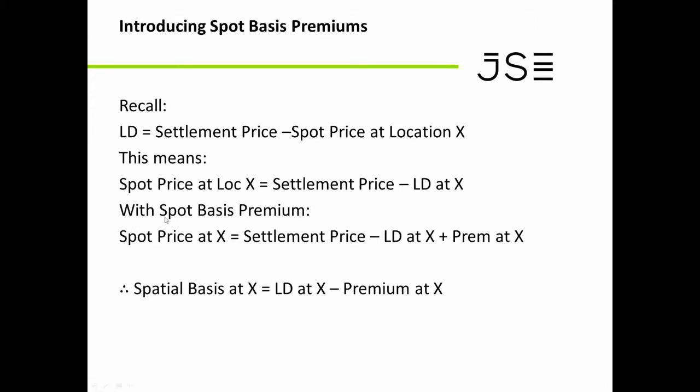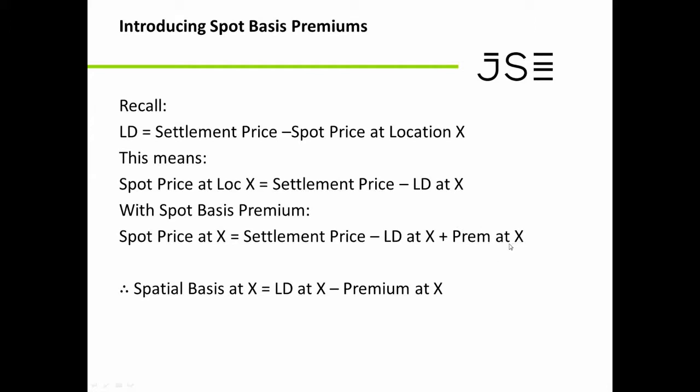Now, with the introduction of the premium, or the spot basis premium, this equation changes slightly, where we say that the spot price at X would be the settlement price, the futures price, minus your location differential at X, but then plus the premium that is also bid.